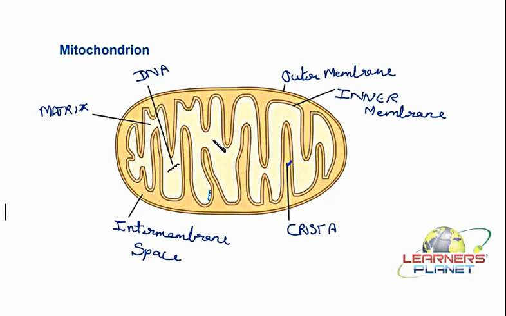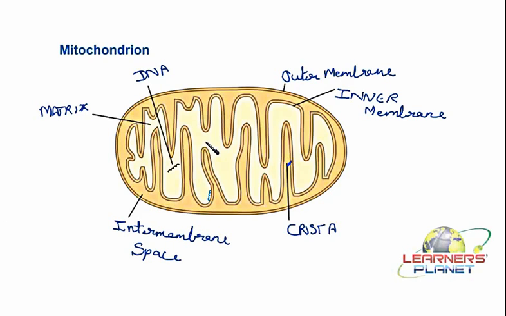Besides this, it is helping in the oxidation of glucose molecules. So it is actually meant for the synthesis of energy-rich molecules, that is ATP, adenosine triphosphate. So of course it is known as the powerhouse of the cell, right?